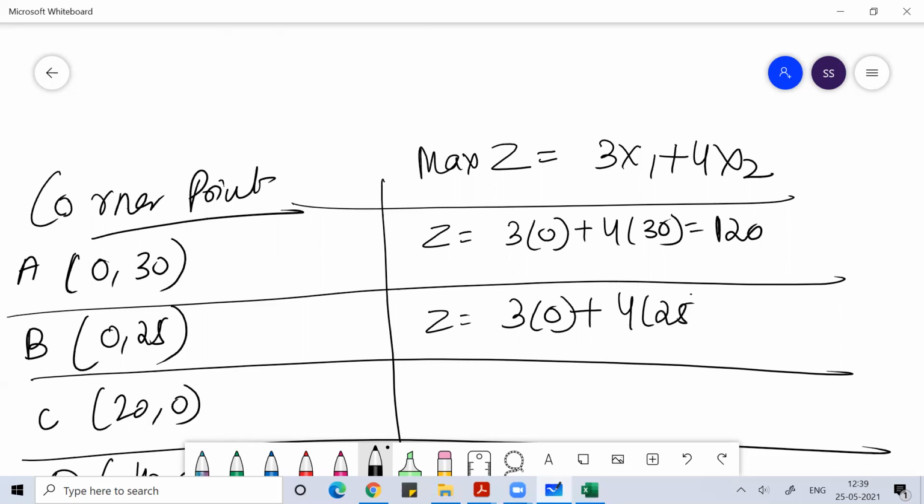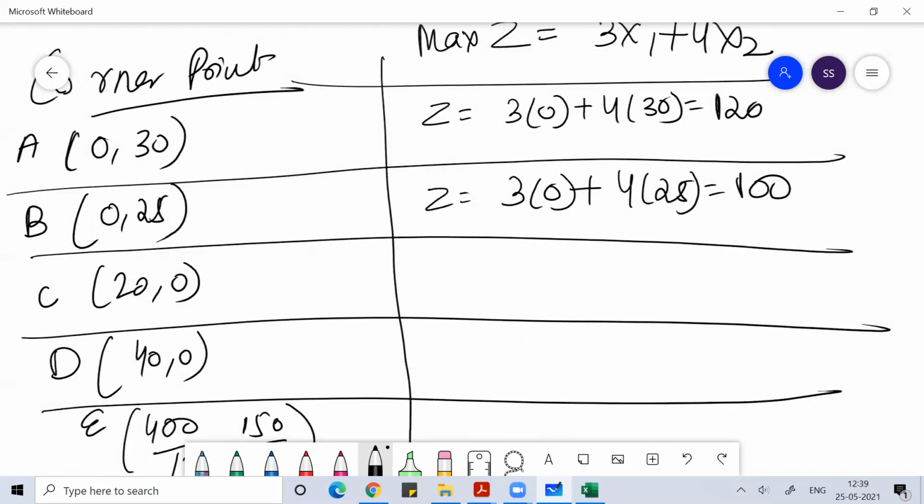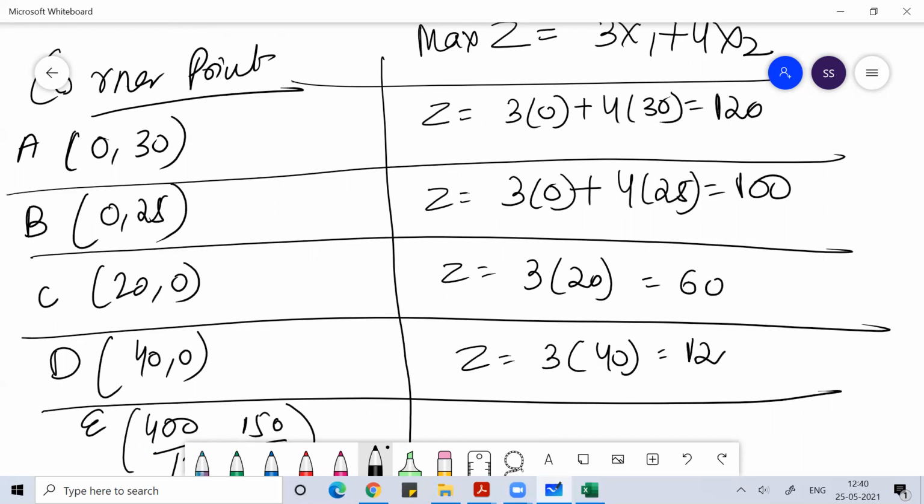So I have to maximize my z. Here z is 3 into 20, equal to 60, because 4 into 0 would be 0. Then z here is 3 into 40, that is 120.